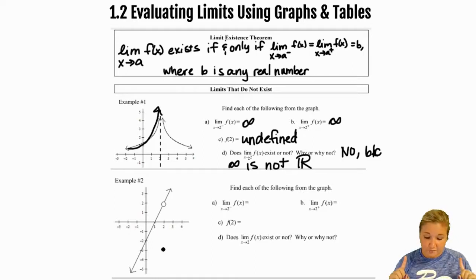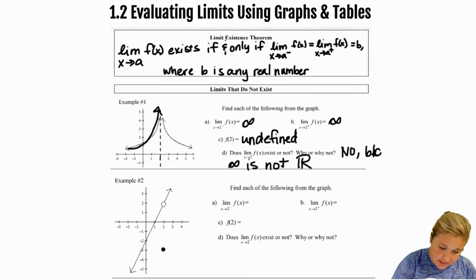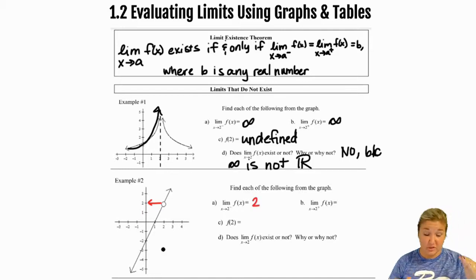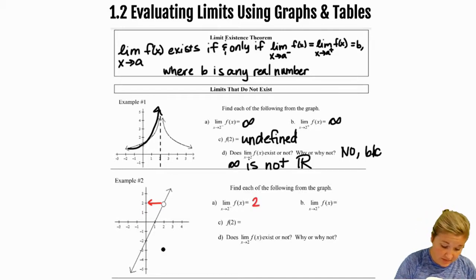Okay, so let's look at example 2, because this is a very interesting example. We're going to look at the limit as x approaches 2 from the left. It looks like it's approaching y equals 2, and it is approaching 2, because these numbers are getting closer and closer to 2.